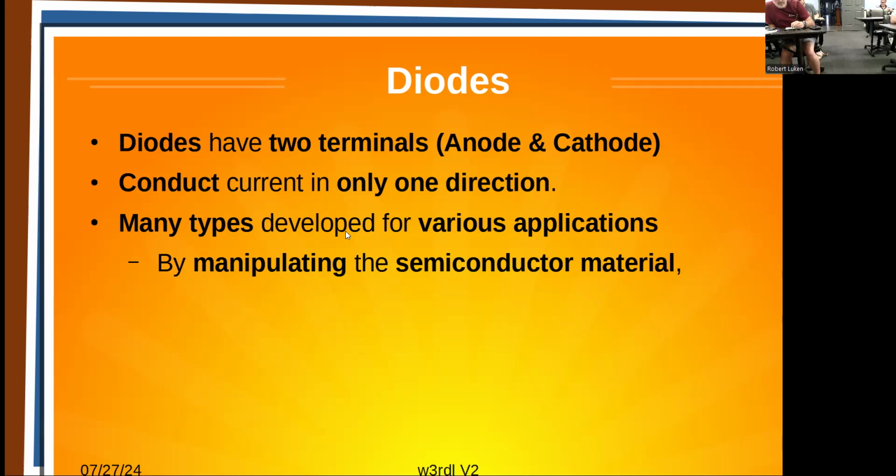So they've taken a basic diode and do different manipulations with it to create all these different types, whether it's a varactor diode or a Zener diode or a Schottky diode. It's just the way they're constructed, and some manipulation of the actual semiconductor material.